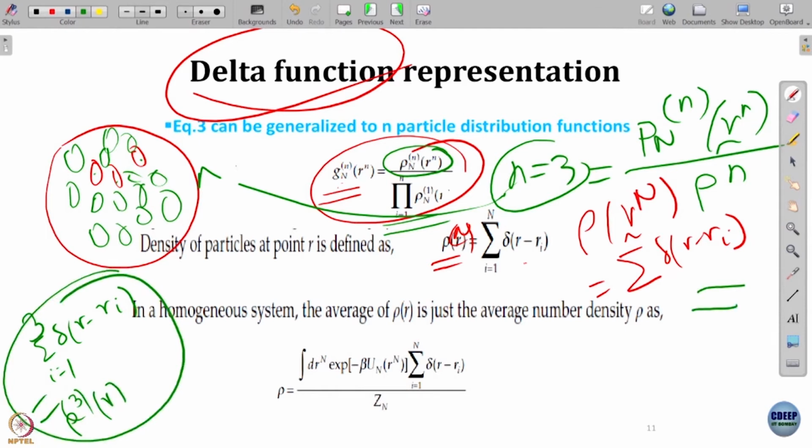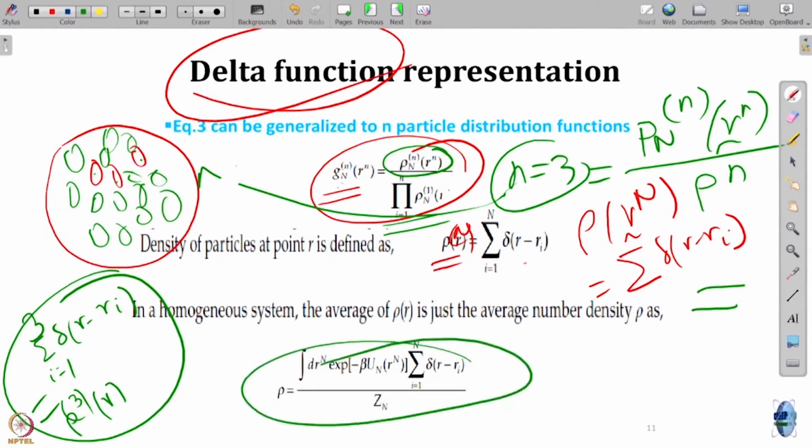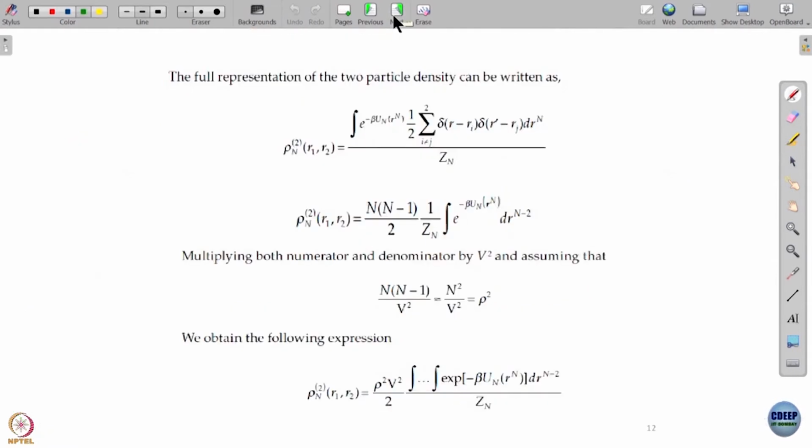That has an advantage we will see a little later. Okay. So, for a homogeneous system, this averaging that we are talking about comes out, and it is not very important. Now, however, in a 2 particle distribution it becomes kind of interesting, because if there are 2 particles at R1 and R2, then I have to sum over.